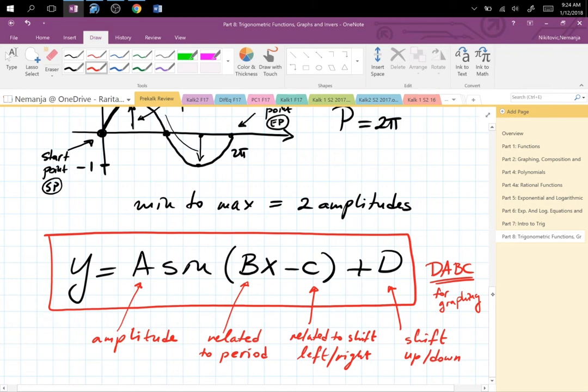Well, for trig functions, you see these letters A, B, C, and D, and DifEq is the order in which you will deal with these letters. So you will first figure out the shift up and down to give you the middle line, and then you will deal with the amplitude to create top and the bottom. Then you will use B and C to box it off on the sides.